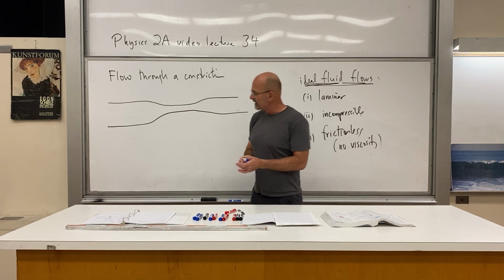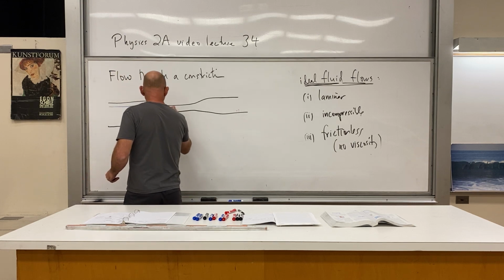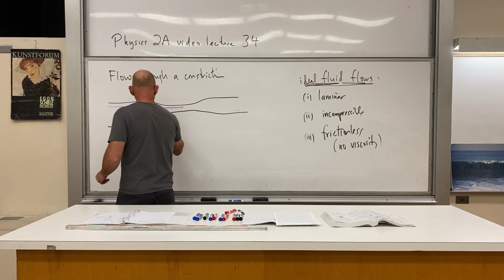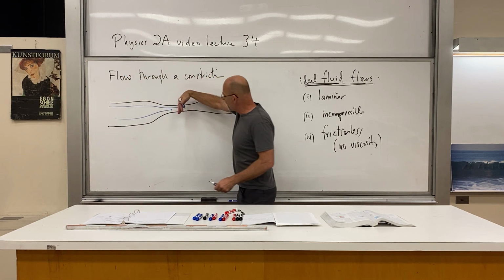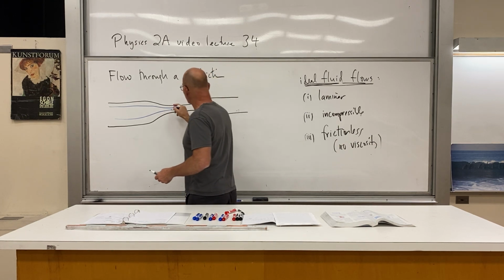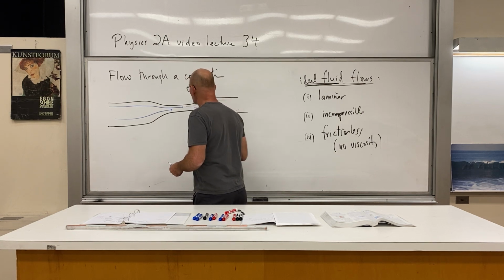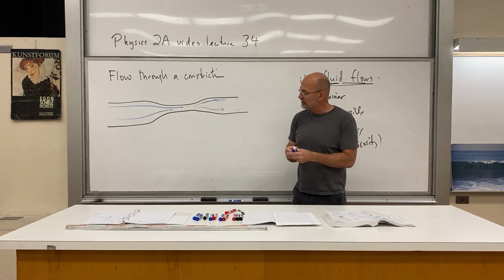And the idea is that the flow is going to be faster if you've done this before. If you cut it off here at the end and it were a nozzle, it would be coming out faster. So it's going to be faster in the constriction and slower in the wider part. But we can be quantitative with that now.